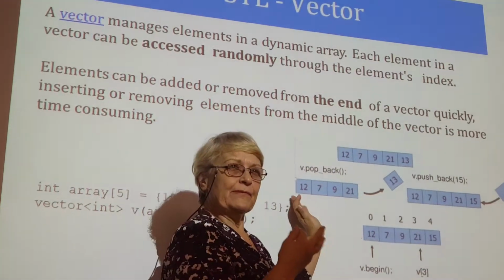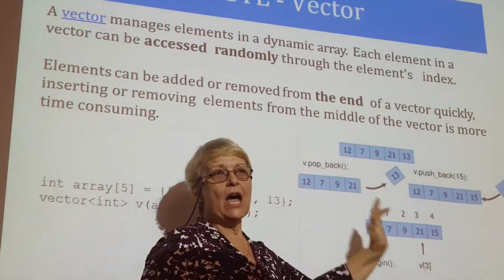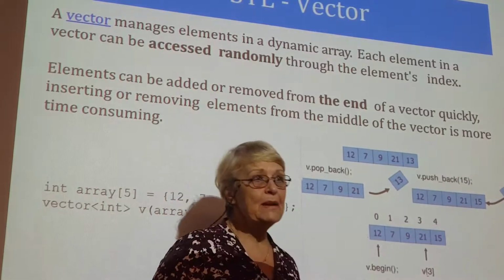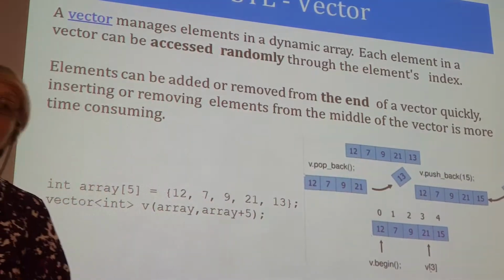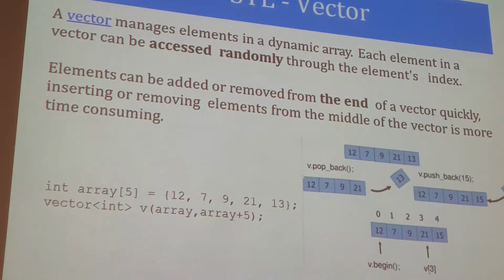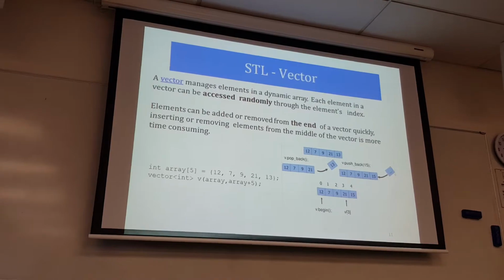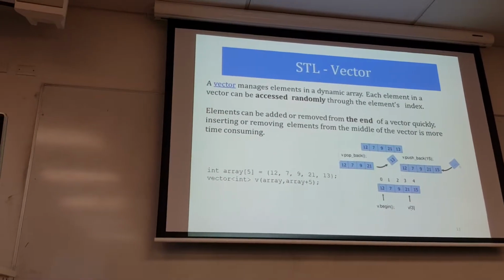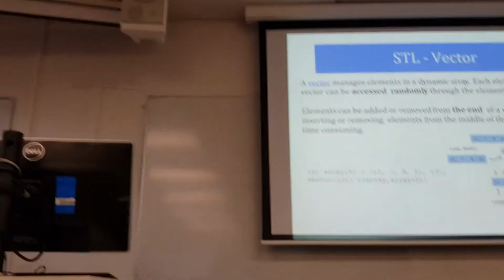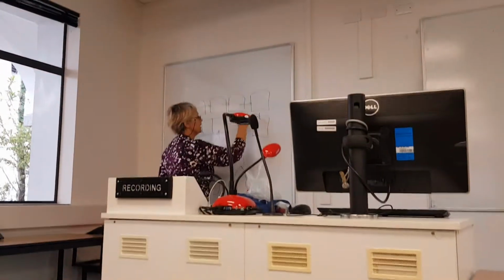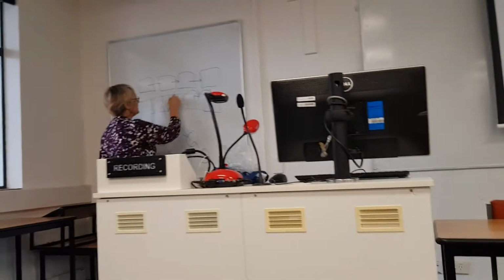Removing an element from the front or putting an element at the front or in the middle doesn't give you very good performance. Because if you want to add an element here, you have to do a lot of work. You have to shift these elements so you make space for this.